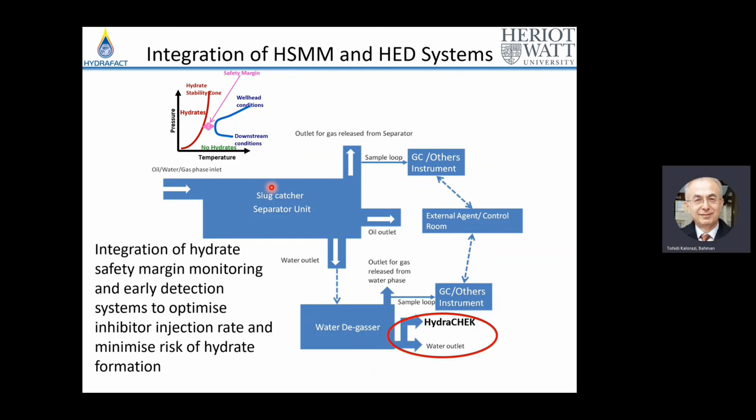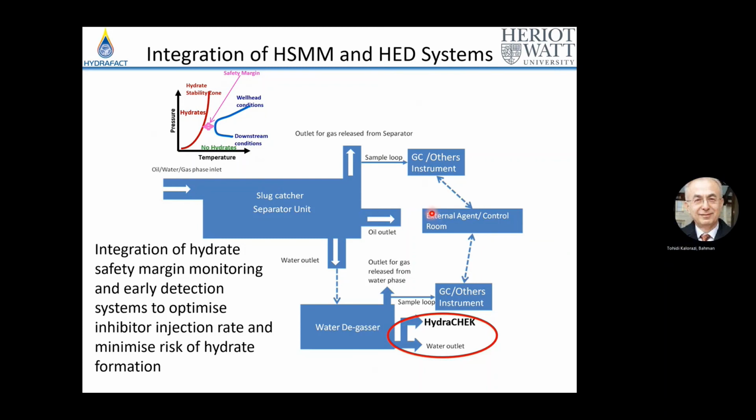And a combined system will look like this. HydraCHEK is here, sampling from the water phase, and HydraSENS is here, monitoring the gas phase and the gas released from hydrate.